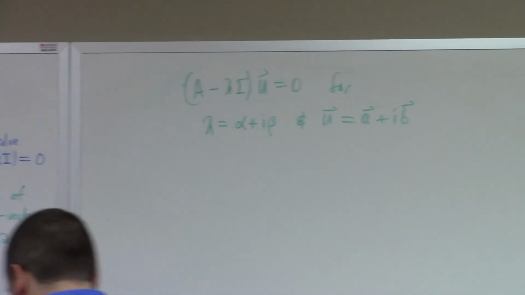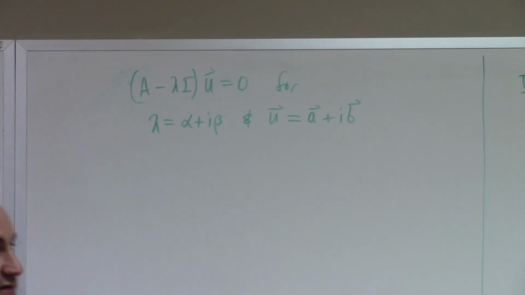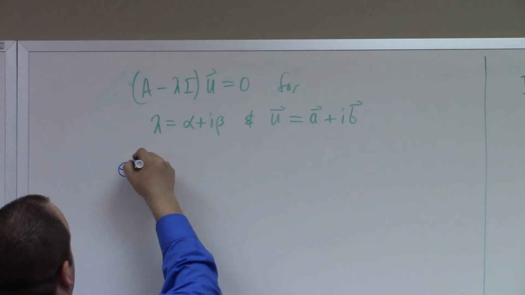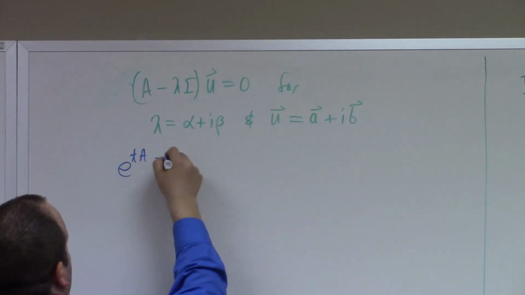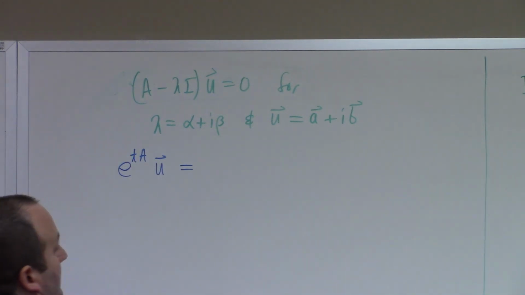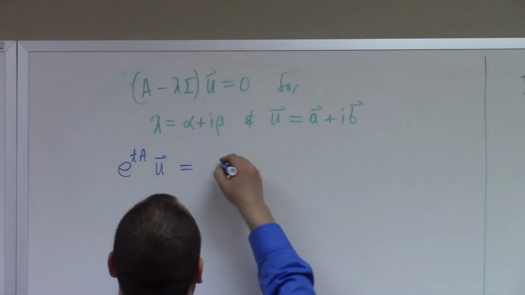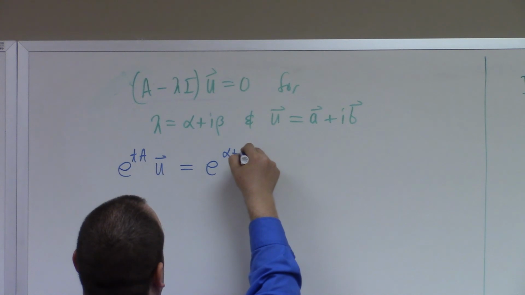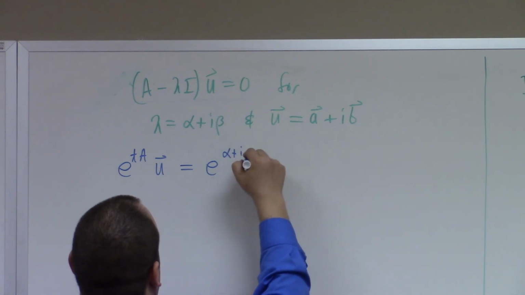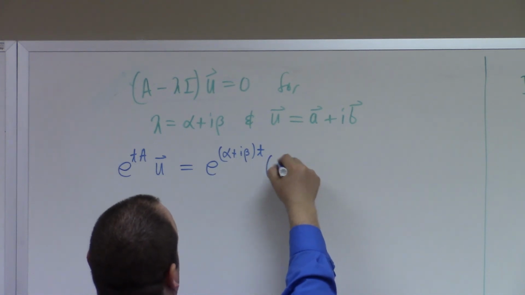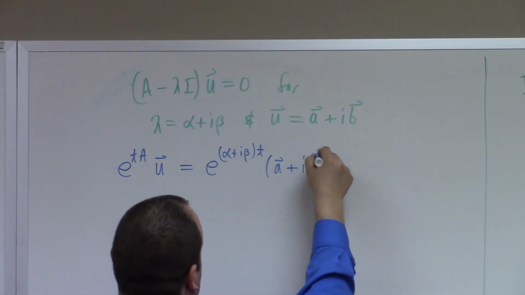So the same calculation holds true, right? I still have that e to the tA times u is a solution, but now it's a complex solution. And so what I really have then is e to the (alpha plus i beta) t times (a plus ib), where I'm assuming the a vector and b vector are real vectors.